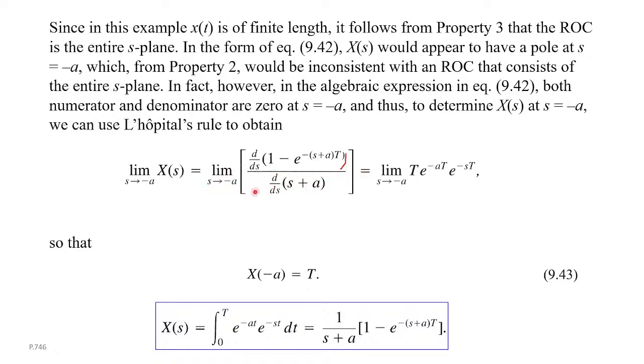Then you find the differentiation is 1 here, and here it's minus 1, and you get negative t here. So you get negative t, and the whole thing, e to the minus at, e to the minus st. Then you take s equals minus a, so things cancel out, you get this t out.